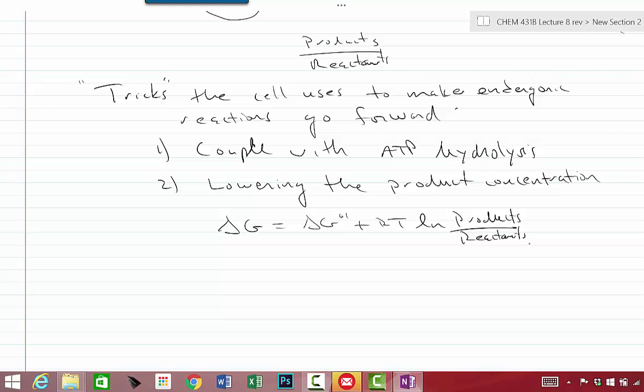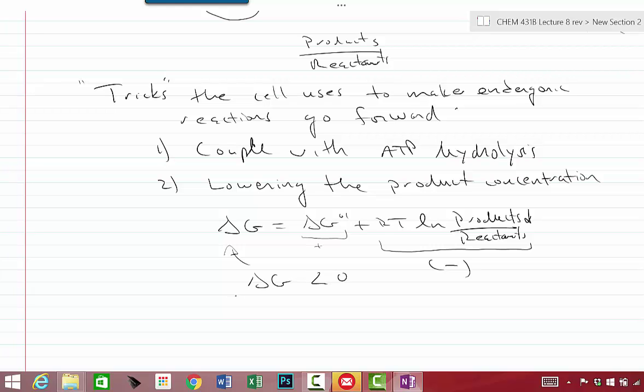So analyzing this very carefully, you could see that if we were to lower this value right here, the products, that's going to make this overall term negative, and that could offset this value if it's positive. I'll just write a little positive sign there, so that the overall delta G is going to be less than 0.